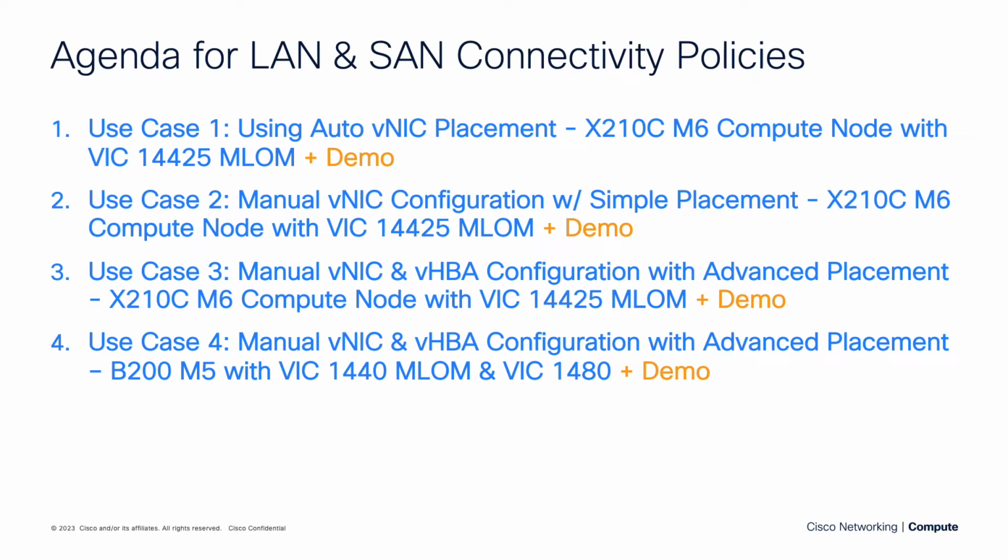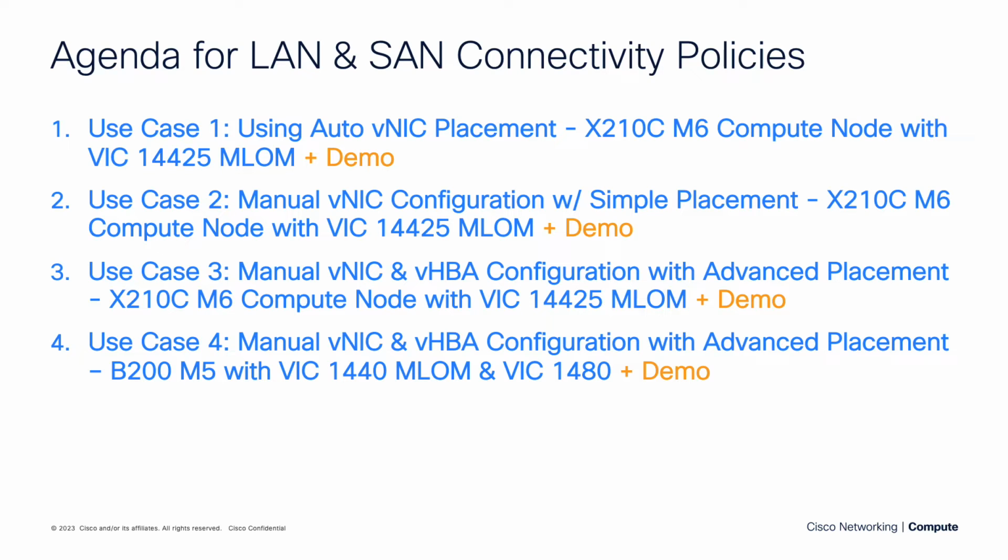So our first use case is just a LAN connectivity policy using the basic auto vNIC placement. Our second use case is a LAN connectivity policy using manual vNIC configuration, but with simple placement.